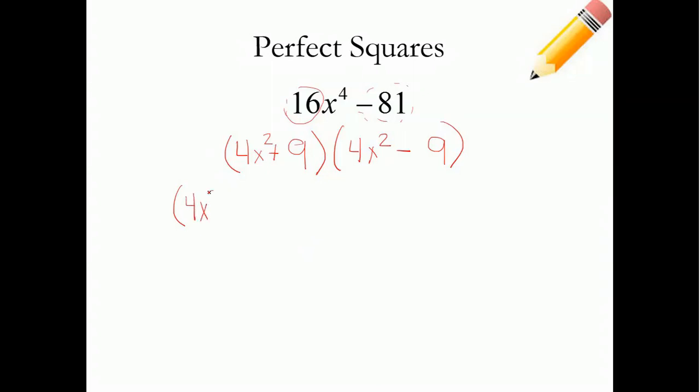So I still have that 4x squared plus 9, but that other piece now can be broken into its own 2 parentheses. I'll have a plus and a minus, and it's going to follow the same pattern. So 2x and 2x, because if I multiply that, that's 2 times 2, 4, x times x, x squared, and then 3 and 3 should give me a 9.